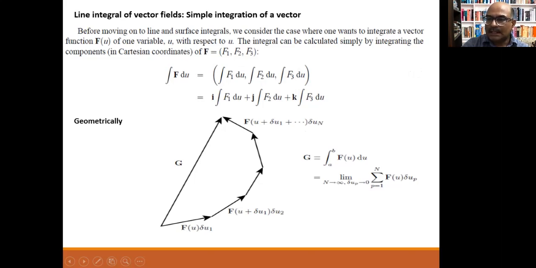Okay, so n is tending to infinity, the number of these small straight line sectors, and this del u is basically the length of this sector, going to be smaller and smaller to make this curve smooth. So the value will be given by this sigma p equal to 1 to n of f(u) del u.